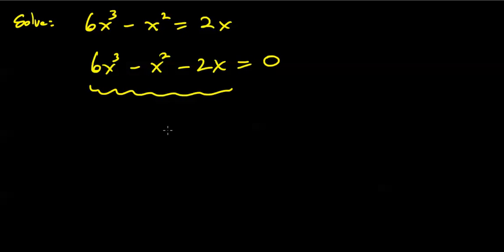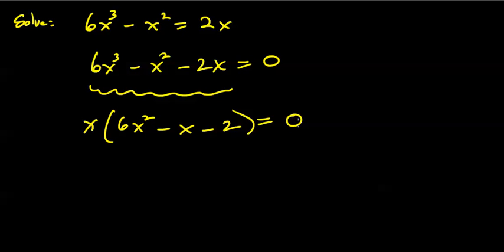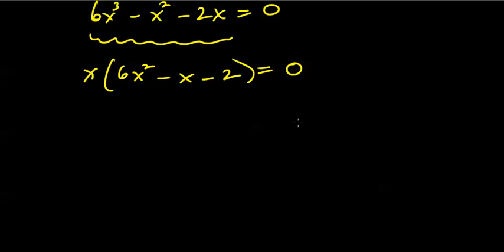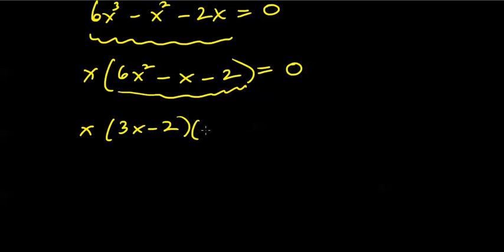And what's the GCF? Well, of course, it's x. X can be factored out from that trinomial. So I have the resultant expression x times (6x squared minus x minus 2). What I'm going to do now is try to factor this trinomial in parentheses as a product of 2 binomials, and I think I can do it in this fashion.